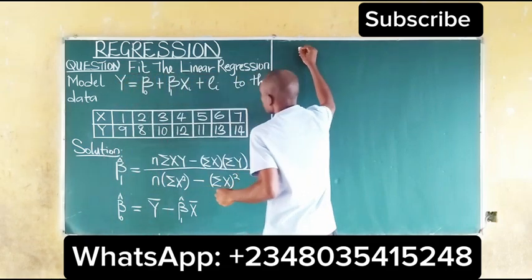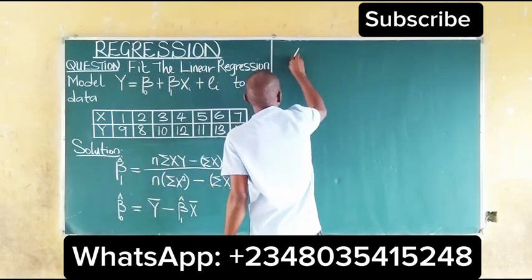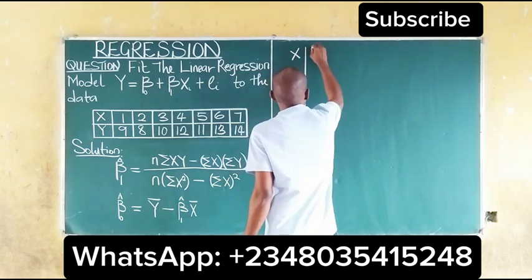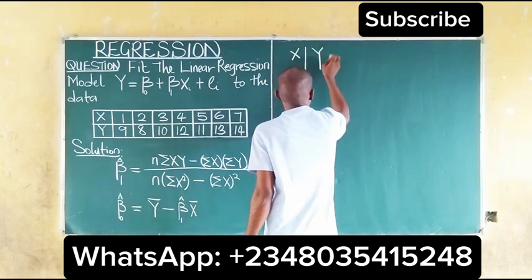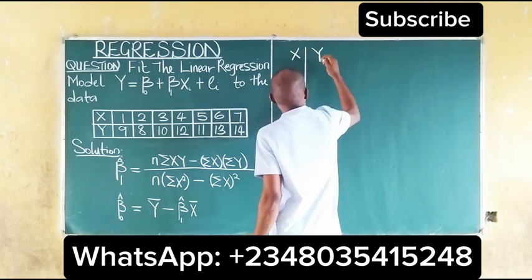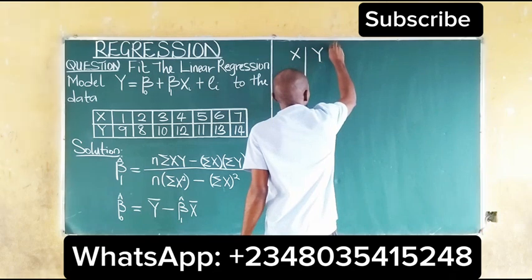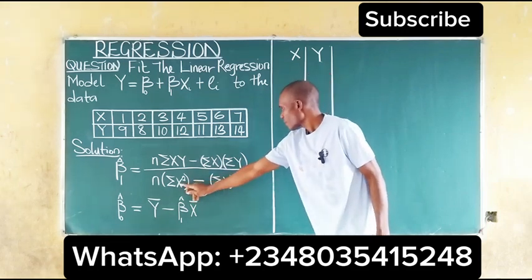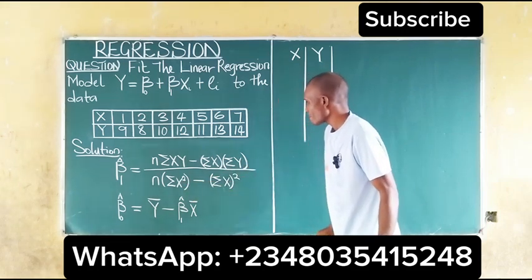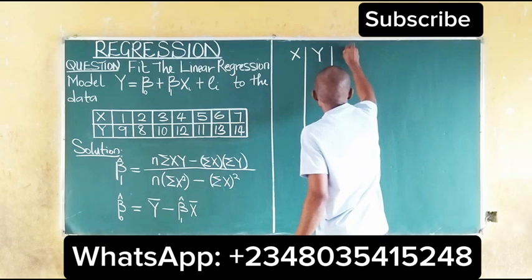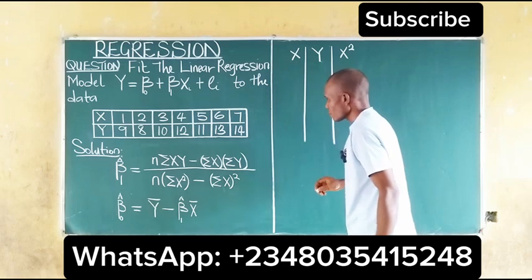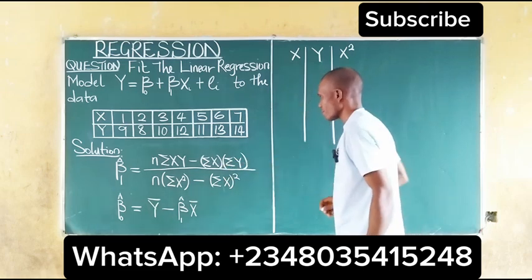Now, we'll write x, y, and of course, if we work out, we have x squared here. So we have x squared. We have xy.